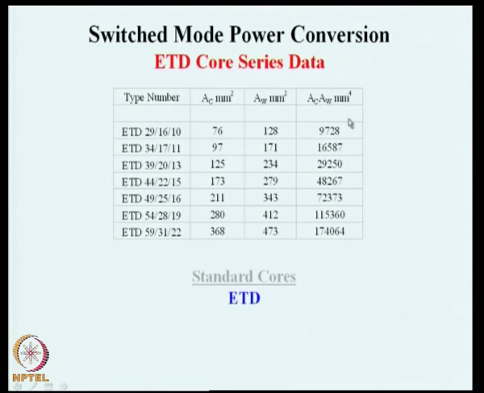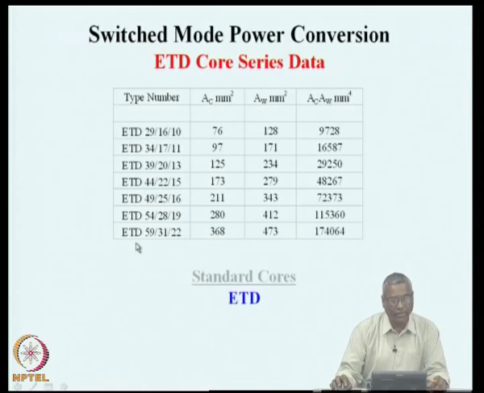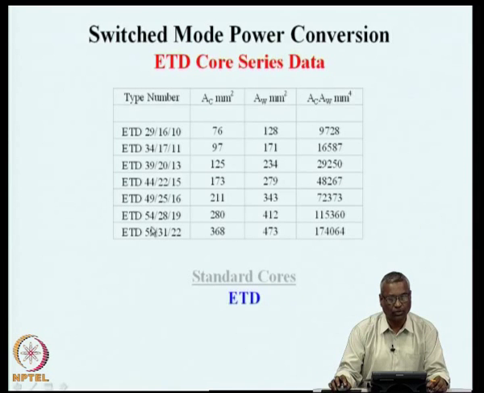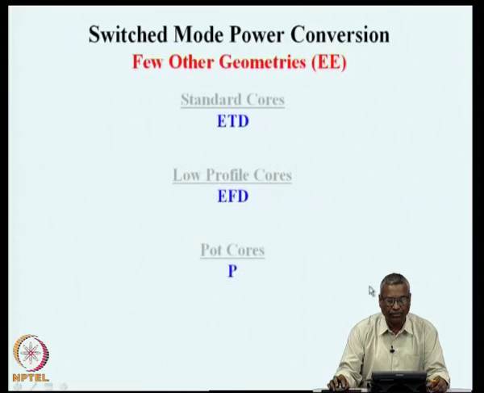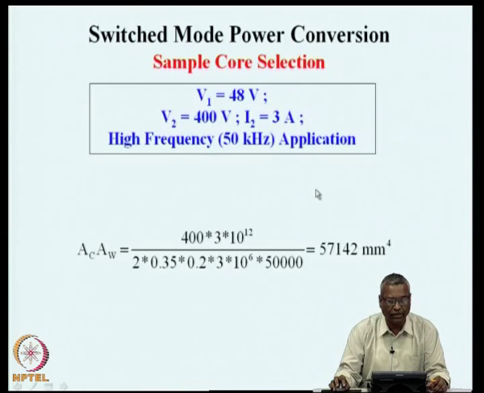The product of that is 9728 millimeter power 4. Now, if we have such core data available for any particular design, it is possible to select a suitable core. By making a sample design, we will be able to understand the process. There are several other geometries, we will come back to that a little later.